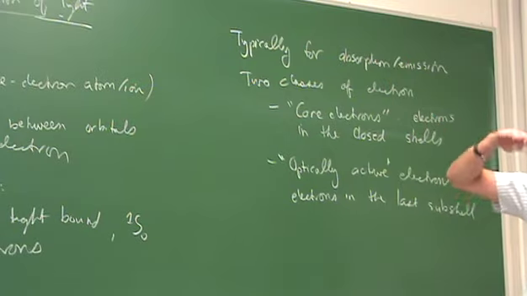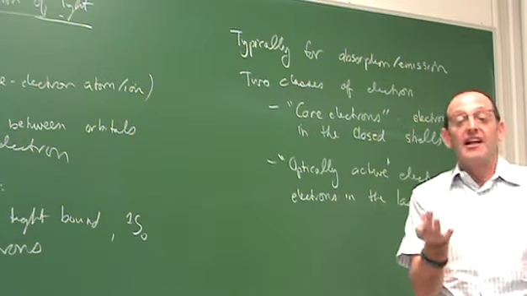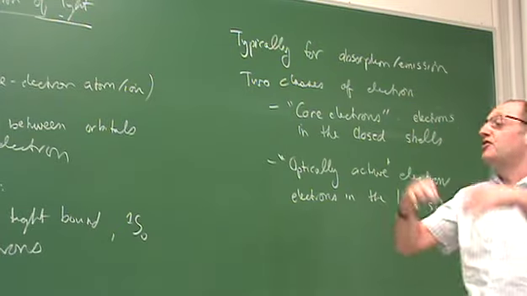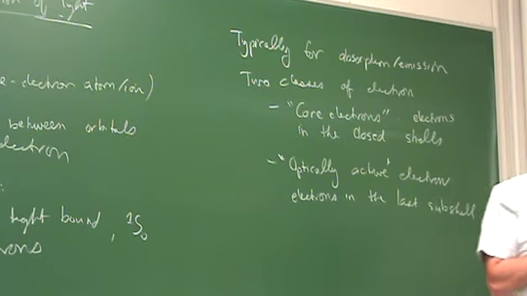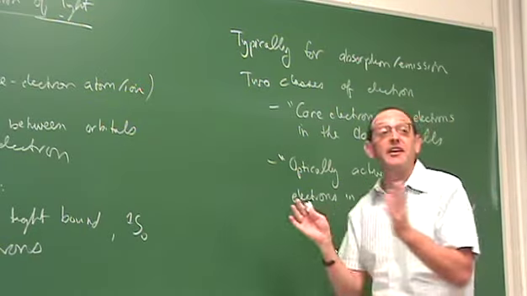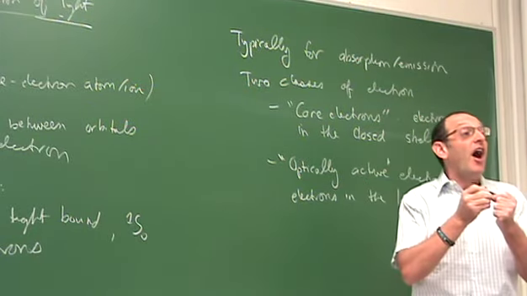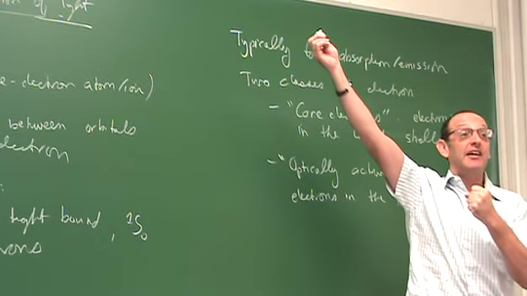So if I had some ground state configuration, like the 2s squared configuration of beryllium, or, well, we know in the 1s squared configuration of helium, it's only possible to have a bound state with only one of the electrons excited.